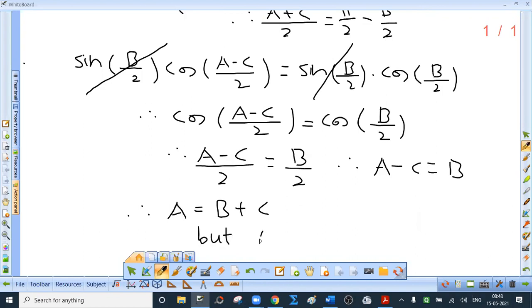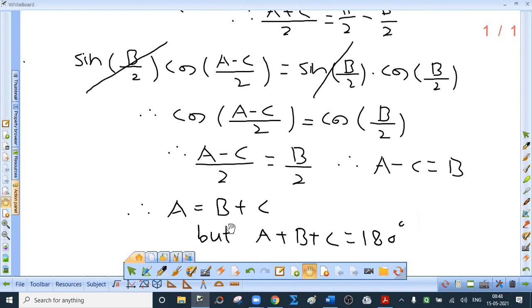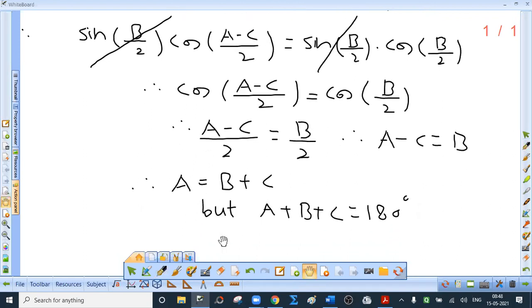Now for triangle, A plus B plus C is 180 degrees, pi radian. Replace B plus C by A. That is better.